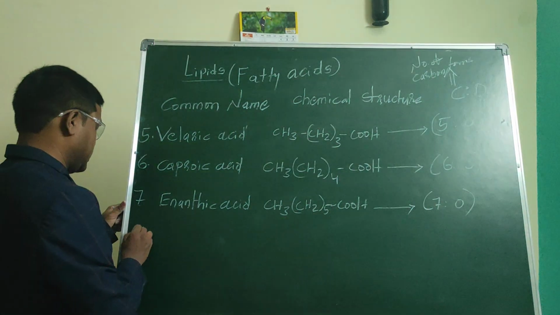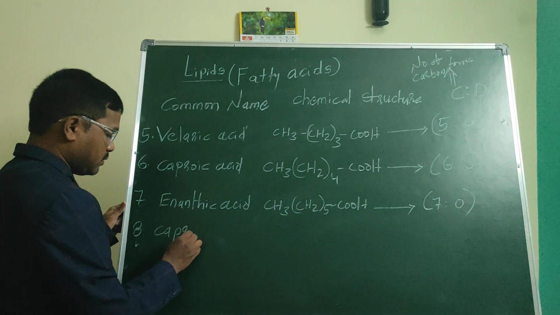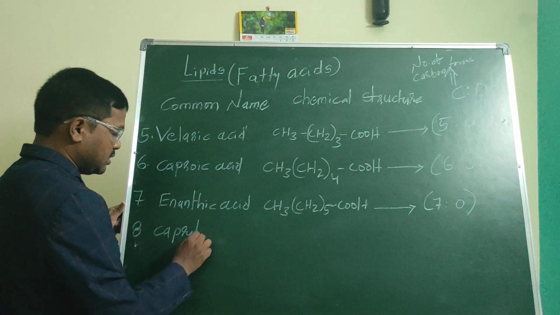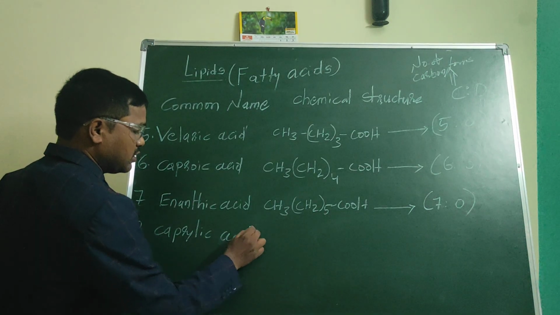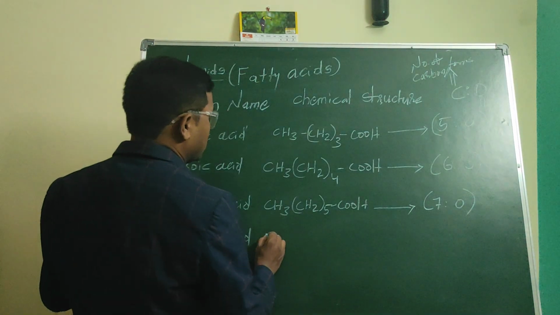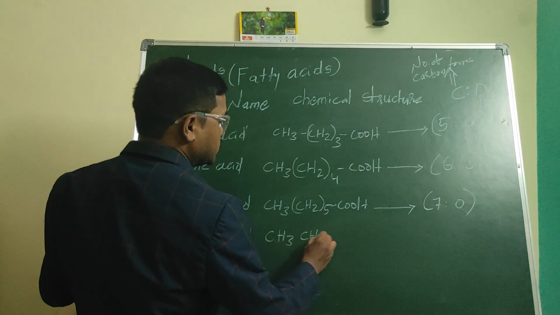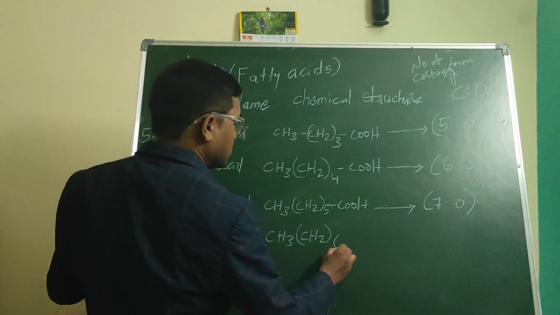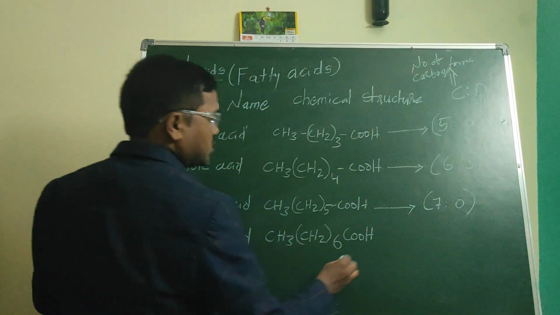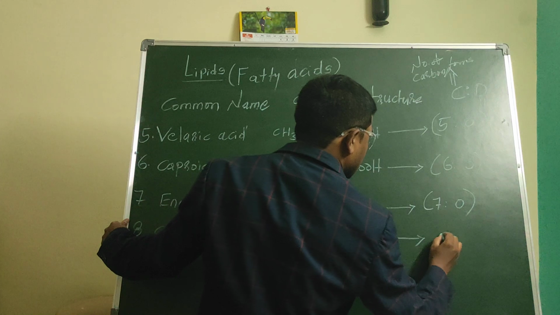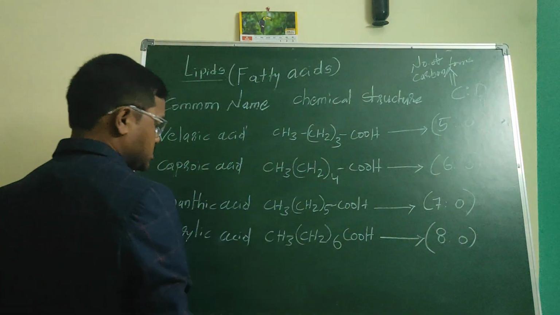Caprylic acid, CH3(CH2)6COOH. Number of carbon atoms is 8, double bonds 0.